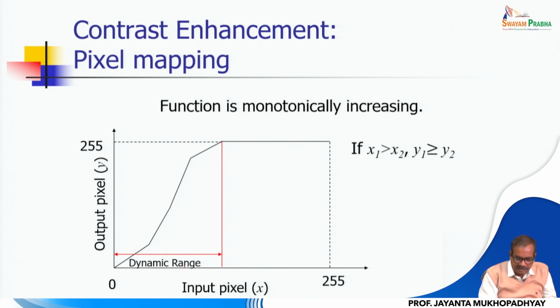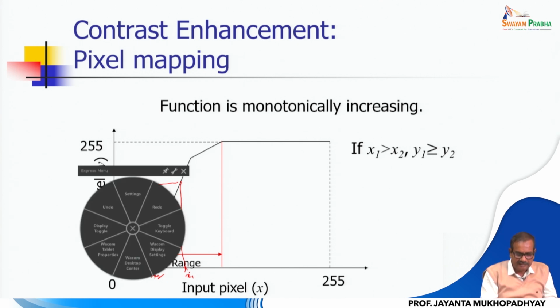So you consider a pixel value x1 and a pixel value x2; according to this mapping function, this is y1, and for x2 this is y2.